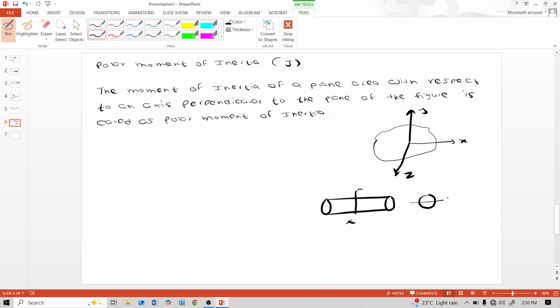Let us consider this as the x-axis and this as the y-axis, and perpendicular to them, this is the z-axis. The moment of inertia about the z-axis is the polar moment of inertia, denoted as J, and its unit is mm raised to 4.